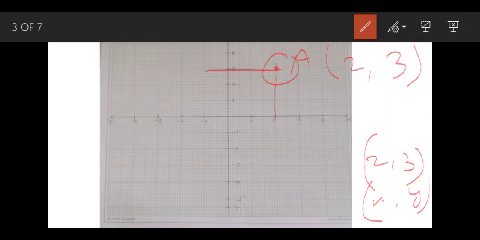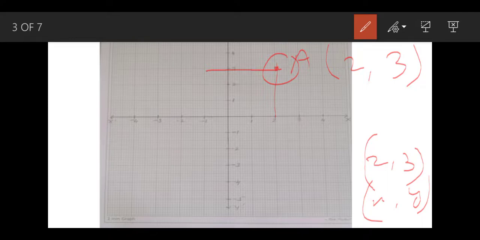Coordinates are always represented by a capital alphabet and written in small bracket, and order is must. Order is must means they have a specific order. That's why they are known as ordered pair. We can't change. If we change it, suppose anybody writes point A as 3 comma 2, so that will be a different point.